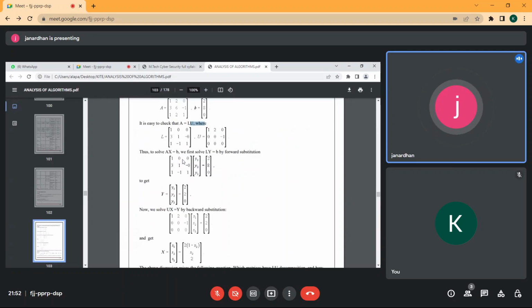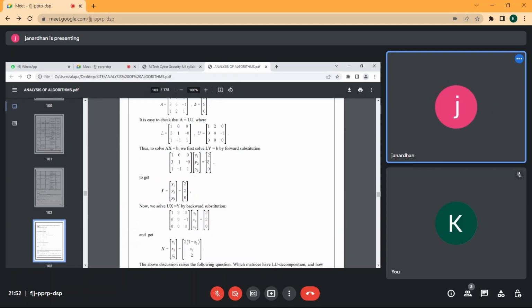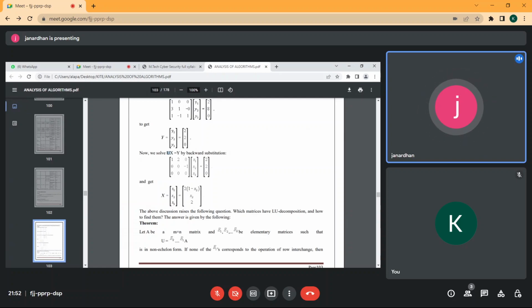To solve Ax equal to B, we first solve Ly equal to B by forward substitution. With L times [y1, y2, y3] equal to [2, 8, 0], we get y equal to [y1, y2, y3] equal to [2, 2, 0]. Now we solve Ux equal to y by backward substitution, with U times [x1, x2, x3] equal to [2, 2, 0], and get x equal to [x1, x2, x3].